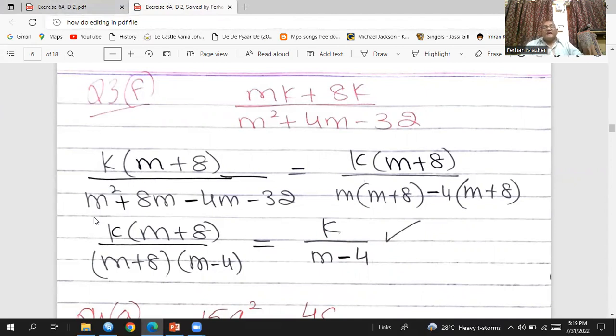From the first two terms, I can take m common, and in the bracket you will have (m + 8). From the last two terms, −4 is common, so in the brackets I will have (m + 8). Now (m + 8) can be common, and the other bracket will be (m − 4). This (m + 8) and (m + 8) will cancel each other. So you are left with k divided by (m − 4).